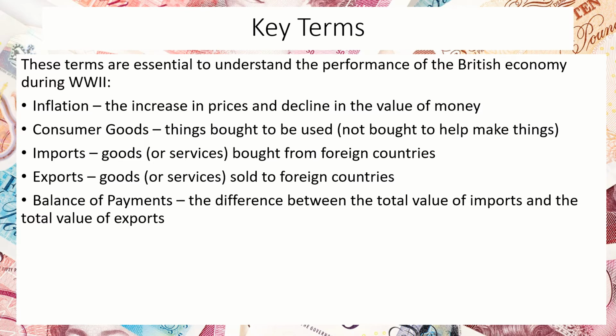Now, if you have more exports than imports, or your exports are worth more than your imports, you're in a balance of payments surplus. That's generally seen as a good thing. And if you're importing more than you're exporting, then you have a balance of payments deficit, and that is generally seen as a bad thing. So obviously during the war, Britain massively has a balance of payments deficit.